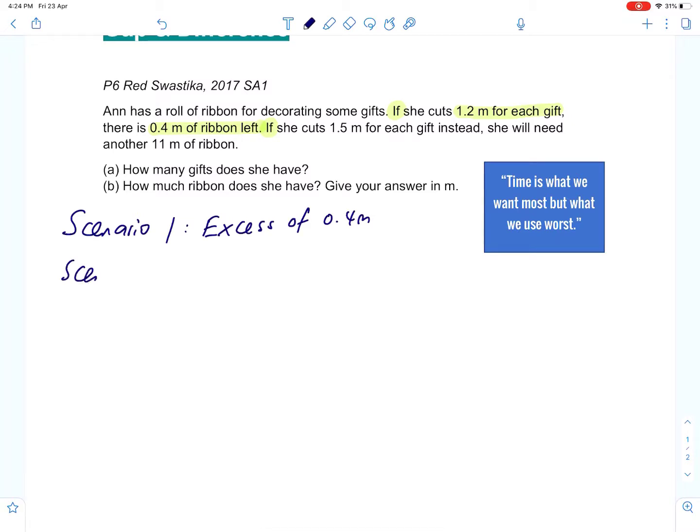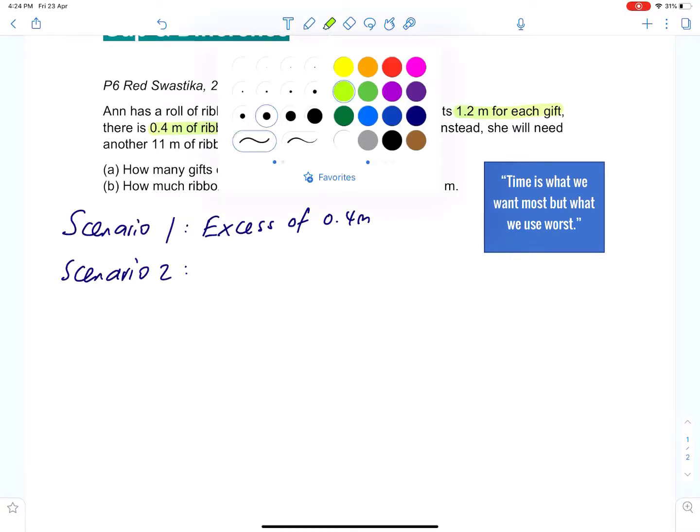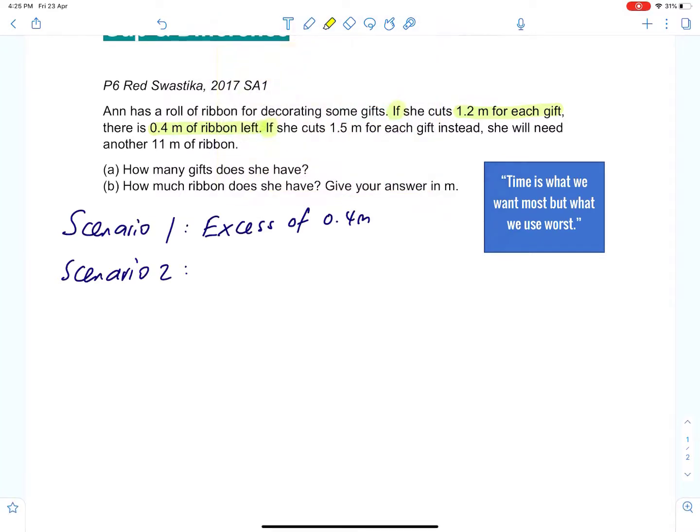Scenario 2 is the next if. If she cuts 1.5 meters for each gift instead, she will need another 11 meters of ribbon. So she will be short, not enough. So that is a shortage of 11 meters of ribbon.